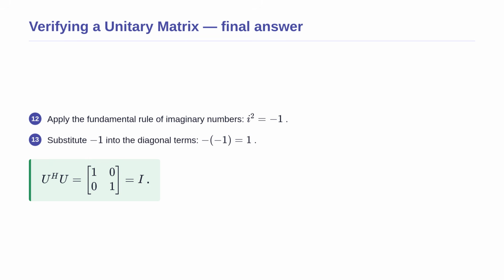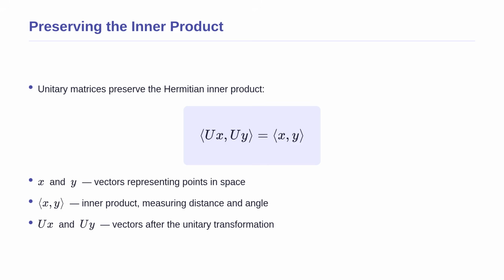This resulting matrix is exactly the identity matrix I. Physically, this proves that our original matrix perfectly preserves the geometry of the space it acts upon, confirming it is indeed a unitary matrix.